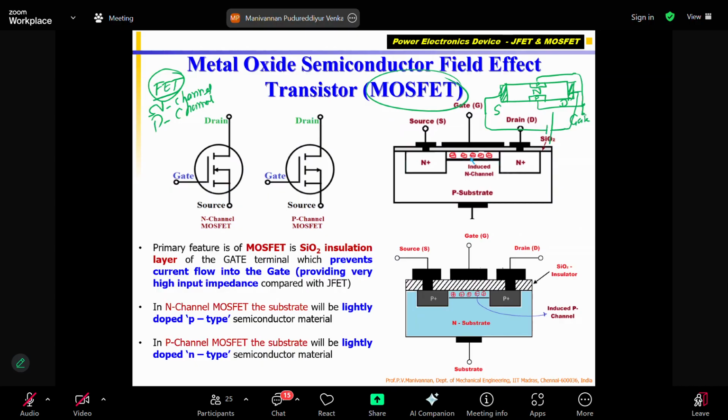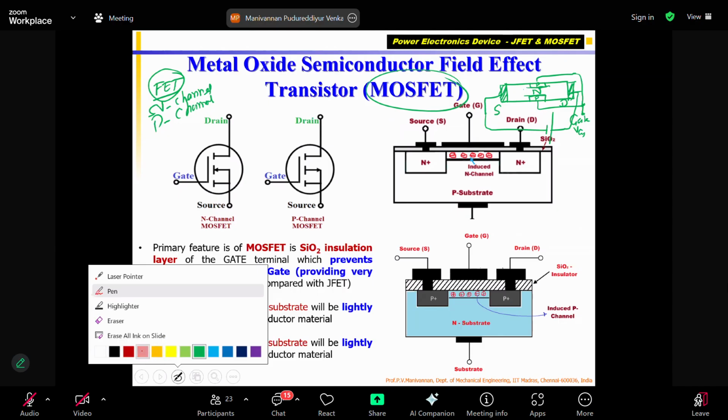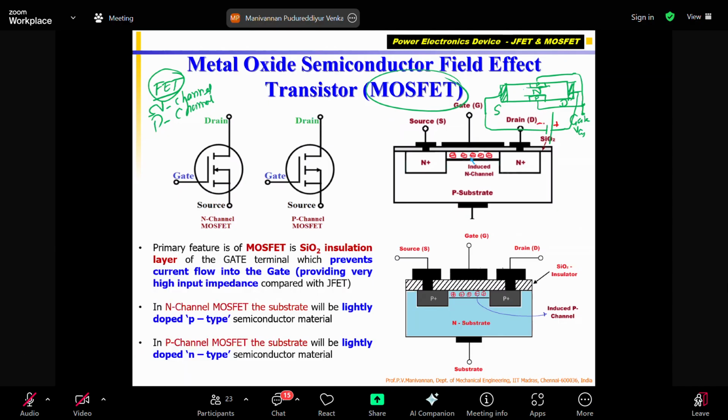At the gate we give the control voltage, VGS, and because there is one P region, another P region, in between I have an N region through which current from this power supply plus goes inside the drain. Current flow happens. Actually, the electrons are flowing in the reverse direction, from battery minus to the source, entering and coming out.